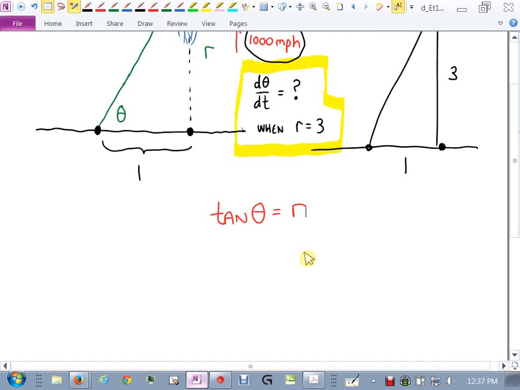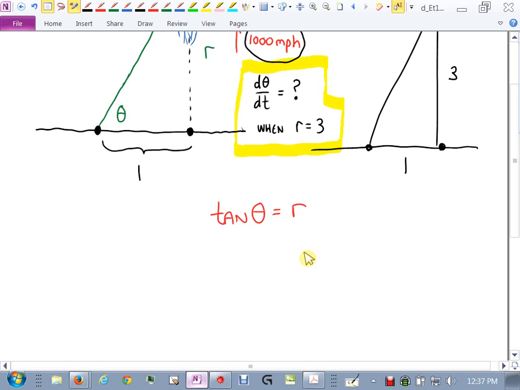Now in Cal 1, you could at this point just take the derivative implicitly on both sides. But let's use a little bit of what we did today, because so far, this is nothing new in this class. What I'm going to do is use the cancellation property right now. Because I'm interested in knowing d theta/dt, wouldn't it be real nice if this left side of the equation was just theta?